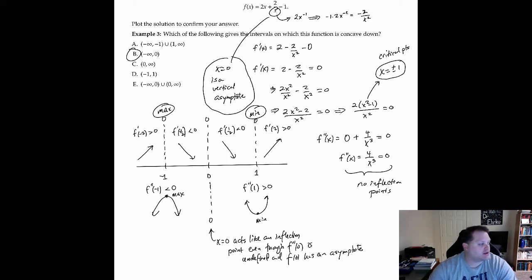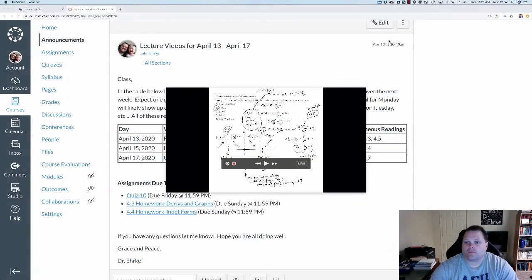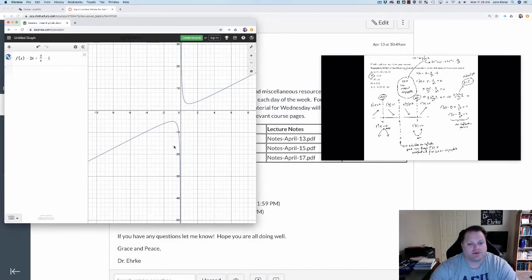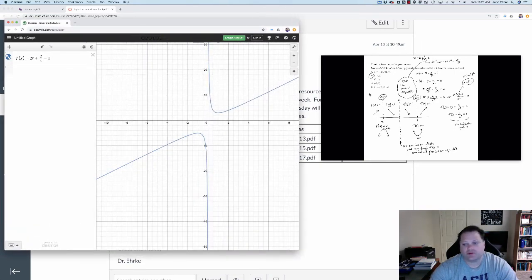And let's just take a look at that function together real quick. So getting that in Desmos. All right, I think you can all see it. So there's the graph of the function that we just looked at.